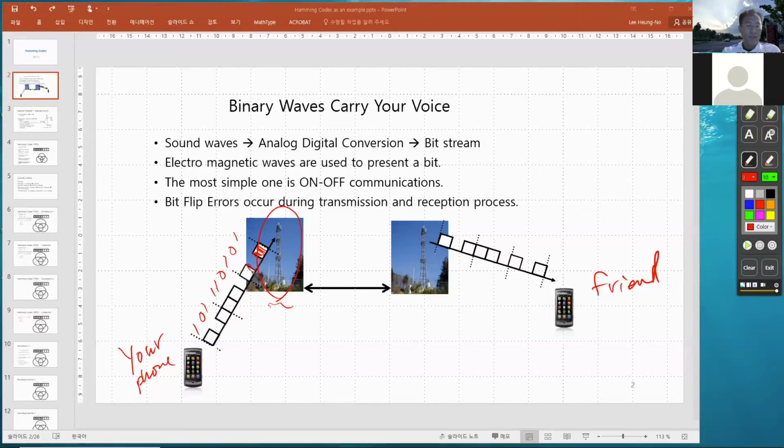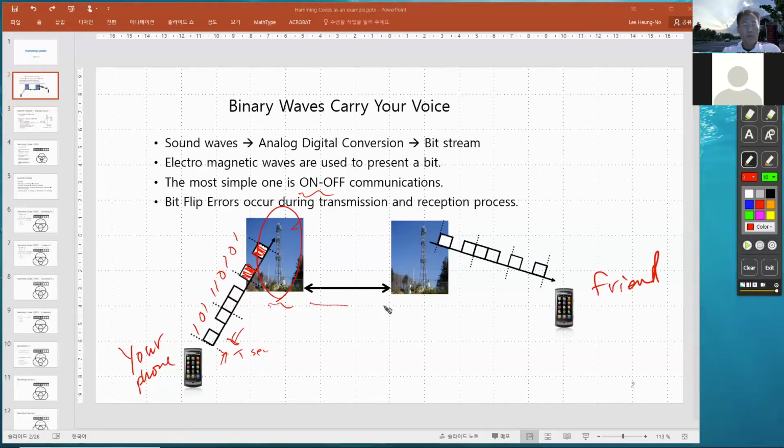And another electromagnetic wave for this time duration, let's say t seconds. You send the electromagnetic wave or no wave. This is called on and off modulation. And you send this, and the base station receives your waveform and then does the decoding, ones and zeros.